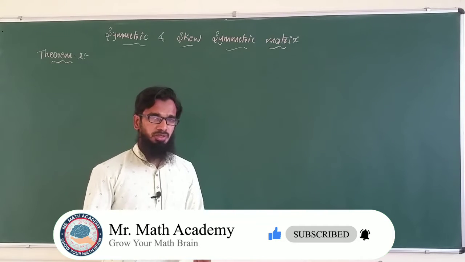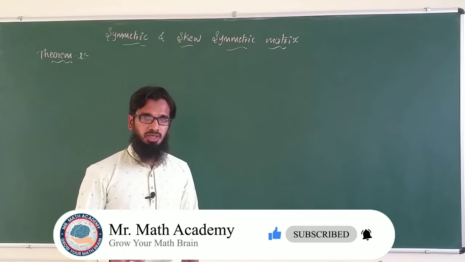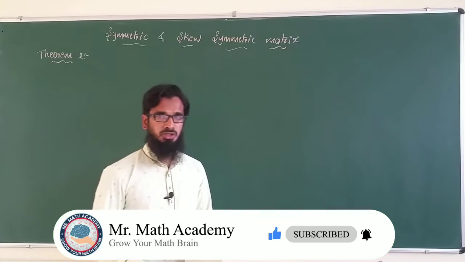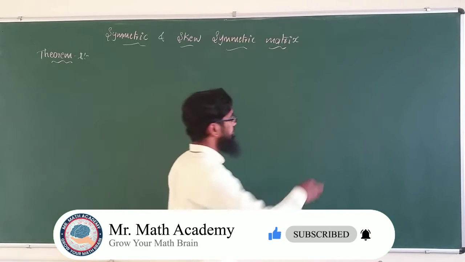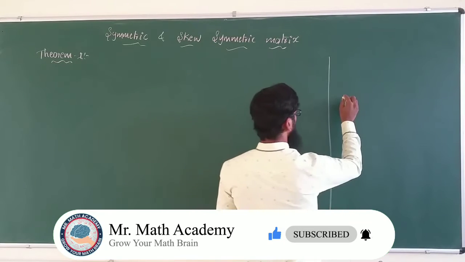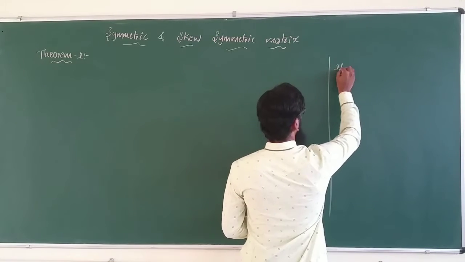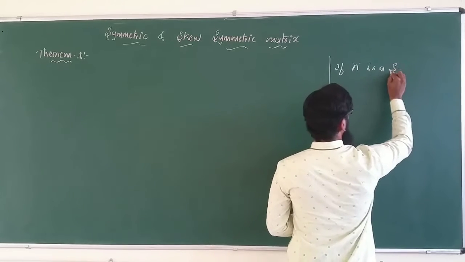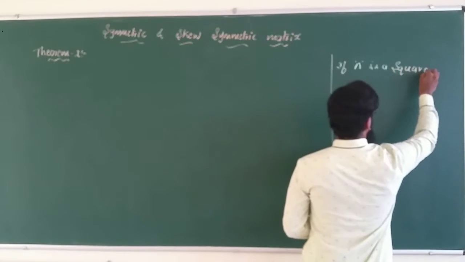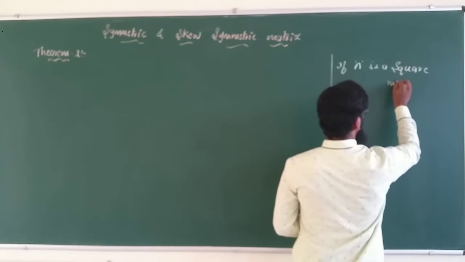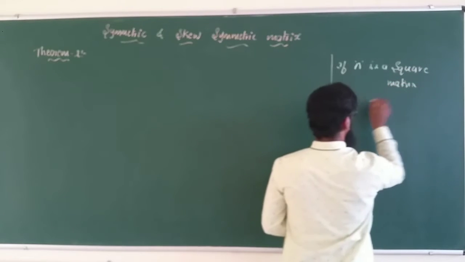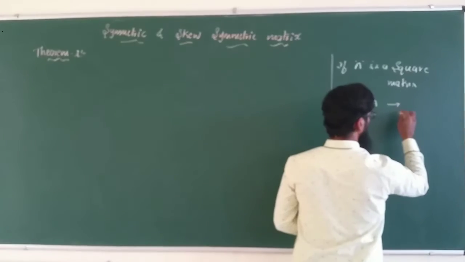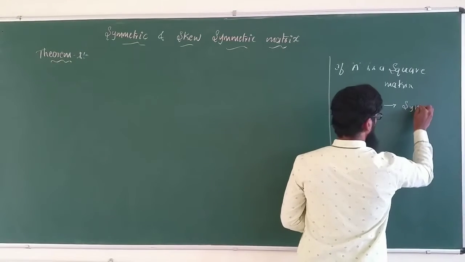Before that, let's recall what a symmetric matrix and a skew symmetric matrix are, and some basic properties we have studied, just for a few minutes. If A is a square matrix, then A dash is equal to A. If this is the condition, then it's a symmetric matrix.